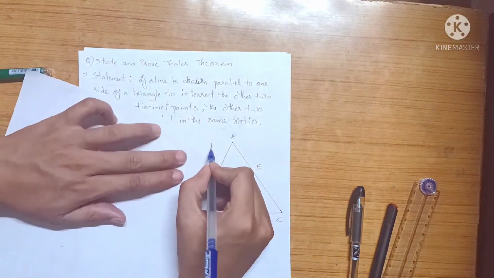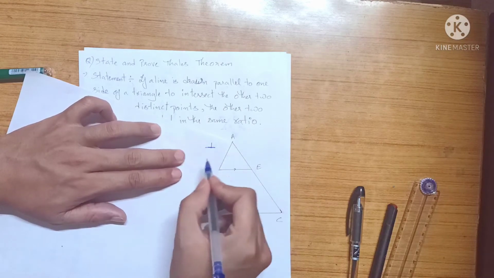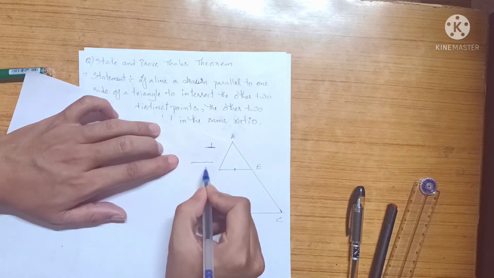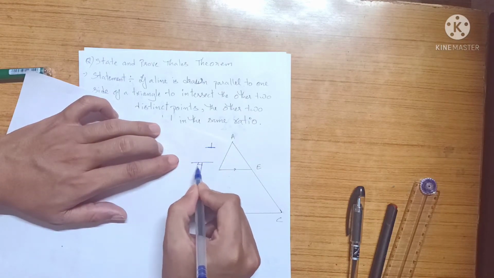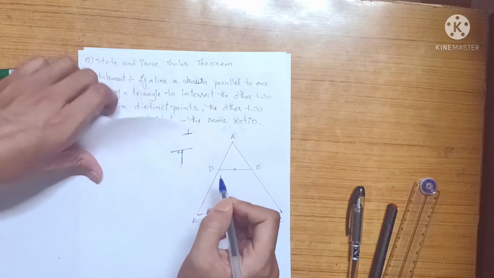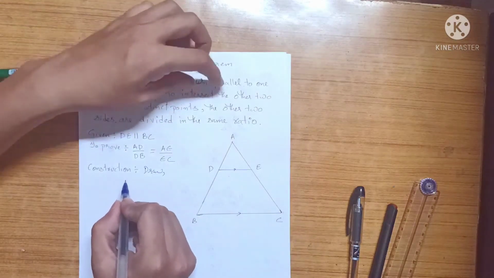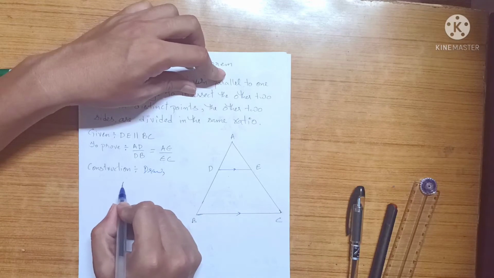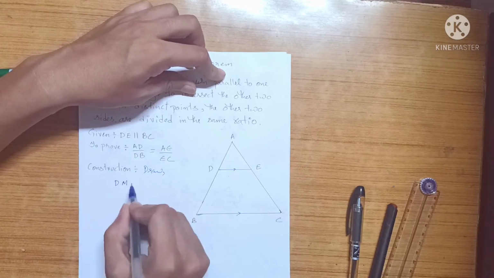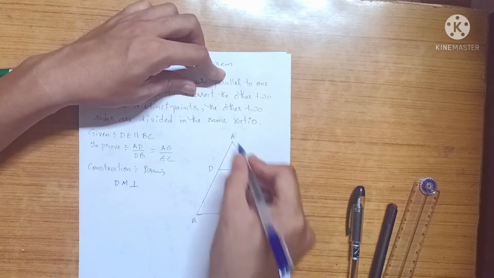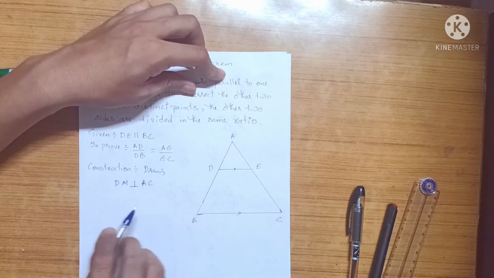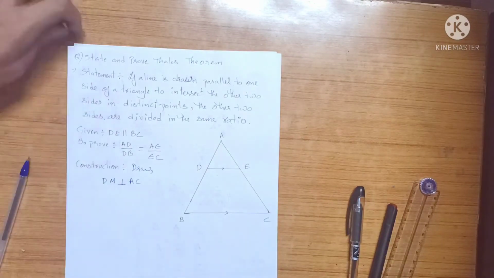Perpendicular is represented by this. So if there's a line and I draw a 90 degree here, then this line is perpendicular to this line. That's what it literally means. So draw, let's say M and N. DM perpendicular to AC. So first let's draw DM perpendicular to AC.